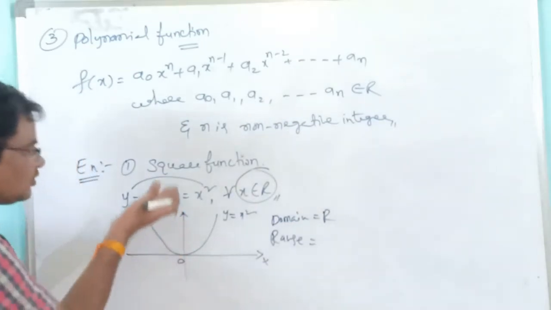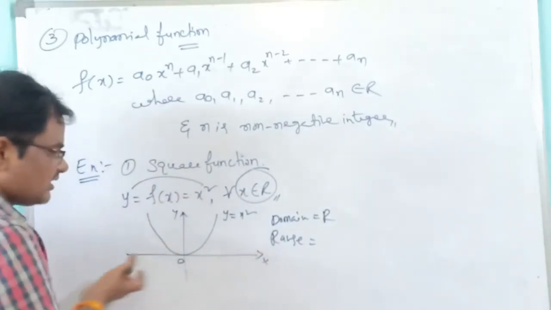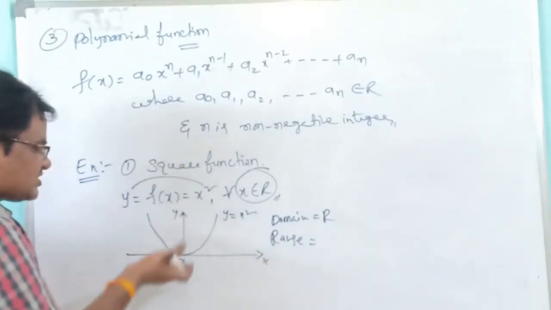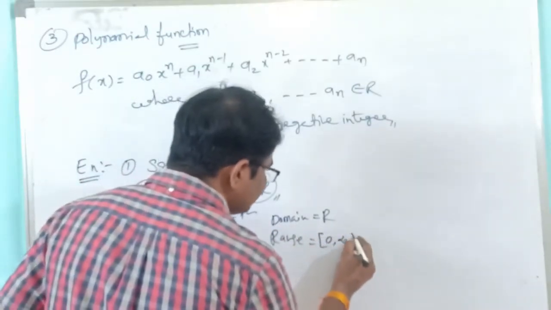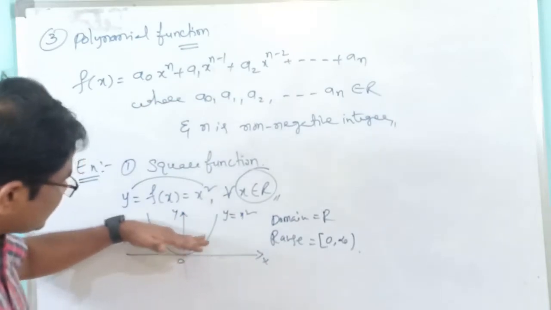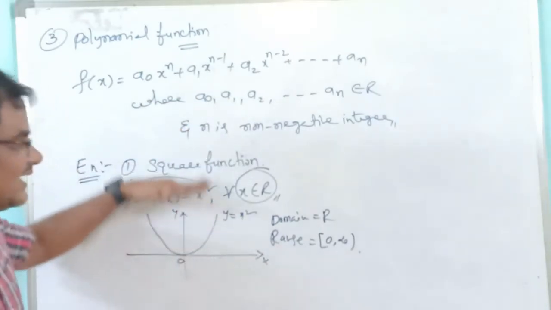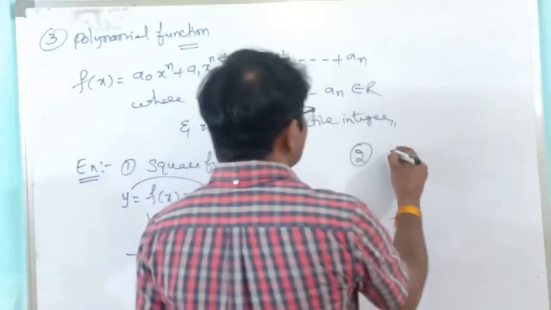Closed interval 0 to infinity. Y values exist for all the real numbers, in the closed interval 0 to infinity. Right? That is the range.